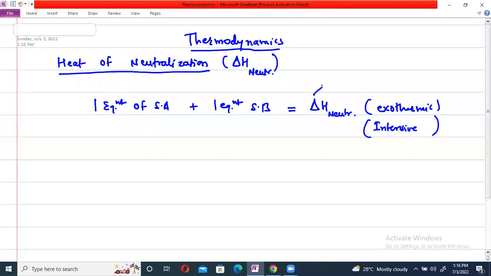And if you see the units of the heat of neutralization, it comes as kJ per equivalent or kilocalorie per equivalent.